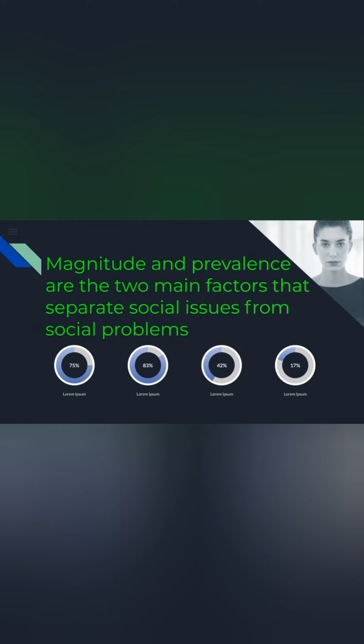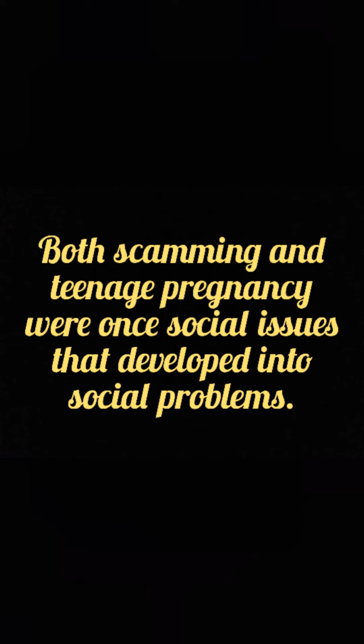So at that stage, we would consider it a social issue. Now it became a social problem when it started to escalate and to get bigger. When it started to affect many communities across the country, when it started to affect the entire society, that is when it became a social problem.